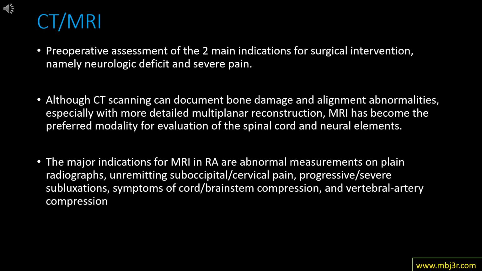Major indications for MRI in rheumatoid arthritis are abnormal measurements on plain radiographs, unremitting suboccipital or cervical pain, progressive or severe subluxations, symptoms of cord or brainstem compression, and vertebral artery compression symptoms.